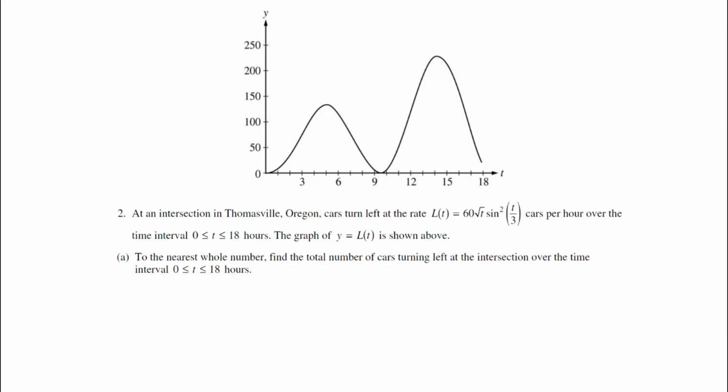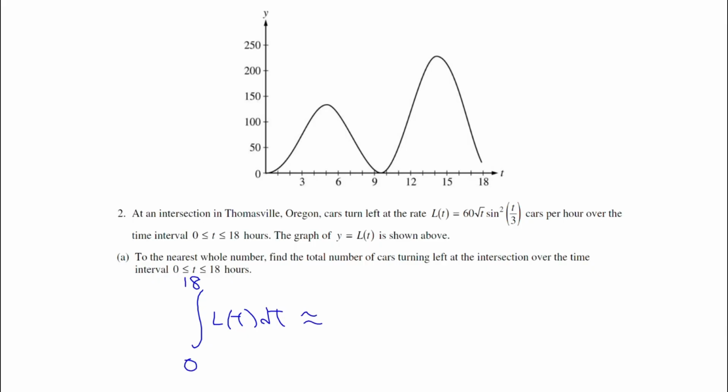And we're given this in cars per hour over the interval from 0 to 18 hours. And we want, to the nearest whole number, to find the total number of cars that turn left at this intersection on this interval. Well, in order to figure out a total number when given a rate, you just have to integrate the rate. So we're just going to integrate L of t dt from 0 to 18.